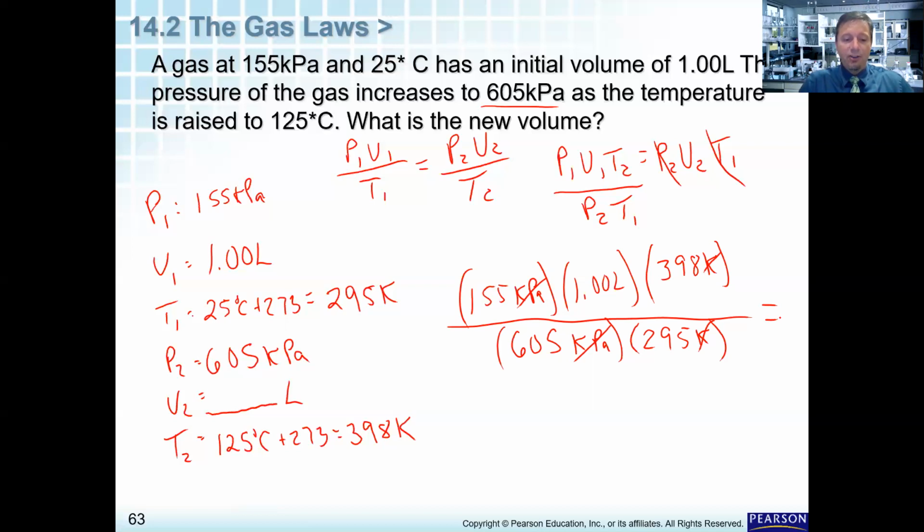So I have 155 times 1.00 times 398. I'm going to divide that by 605 times 295.